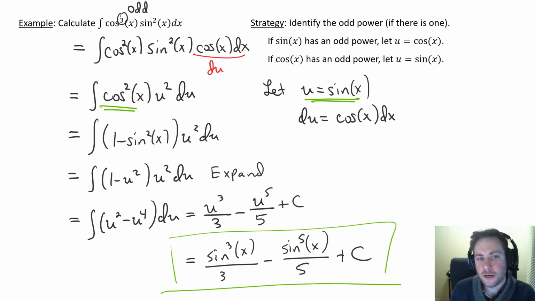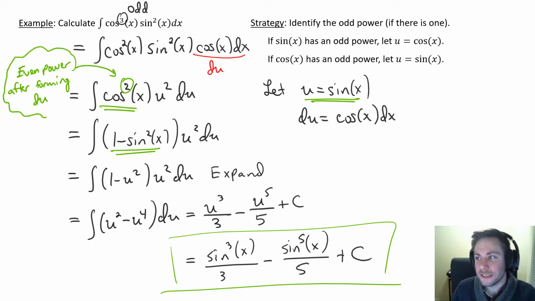We can see that the strategy I proposed worked, but I'd like to take a moment to talk about why. The key to solving this problem was to apply this trig identity so that everything could be expressed in terms of u. But to use this identity, we needed to have a cos squared, or more generally, an even power of cosine was necessary.